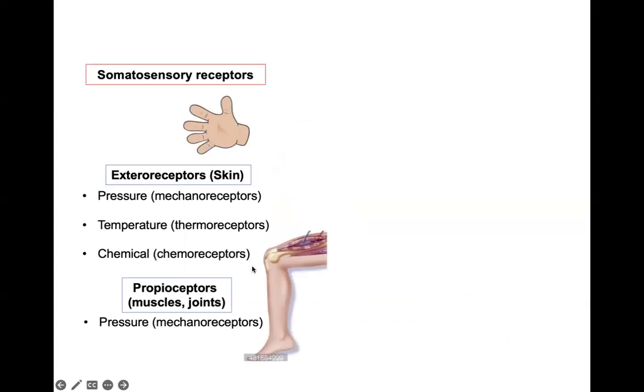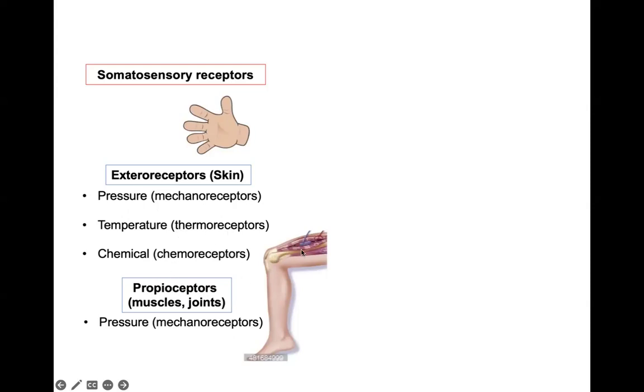All right. So we talked about somatosensory receptors already, right? We have receptors on skin, either for pressure, temperature, or chemical. If it's chemical, we call it chemoreceptor. If it's pressure, we call it mechanoreceptor. Temperature, we call thermoreceptors.